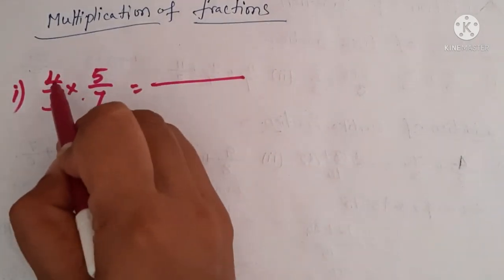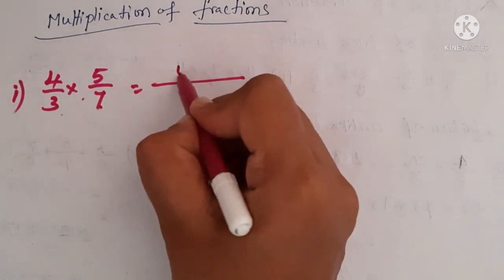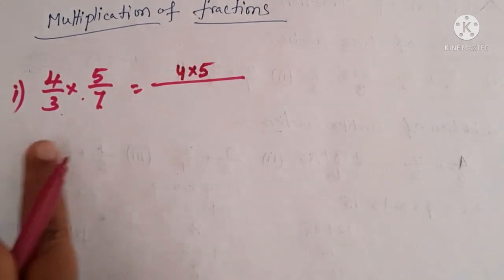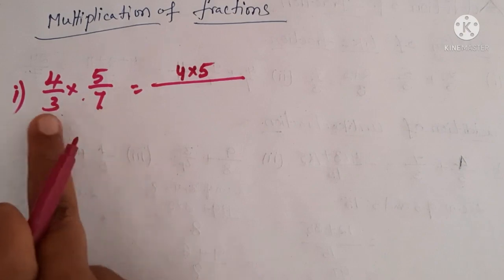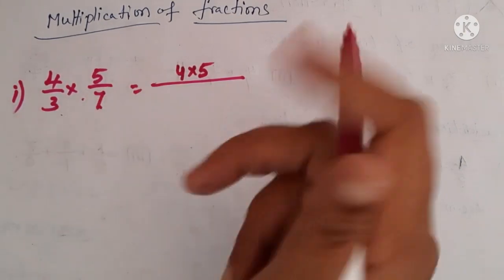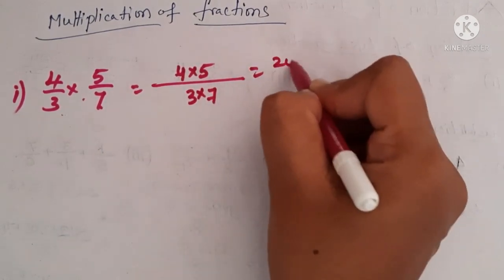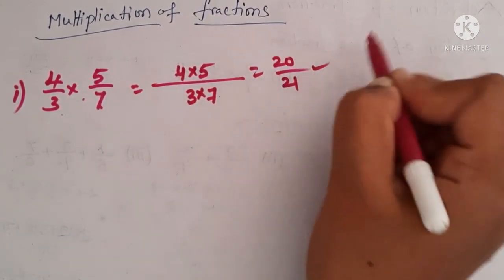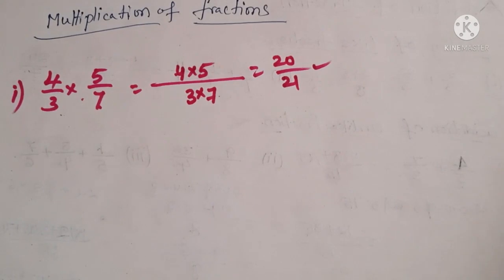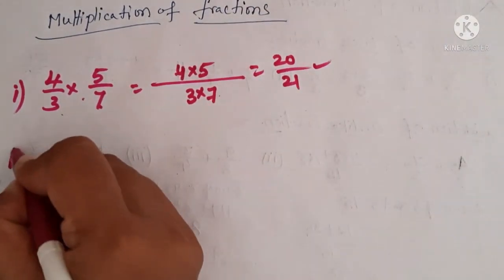First multiply numerators, 4 into 5, and write in the numerator place. And again multiply denominators, 3 into 7, and write in the denominator place. So 4 5s are 20, 3 7s are 21. This is the fraction.